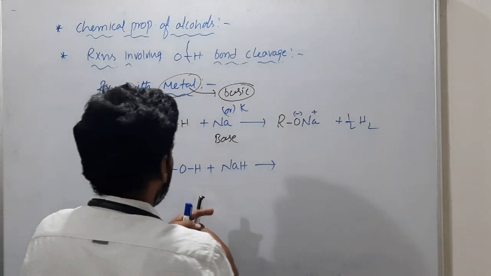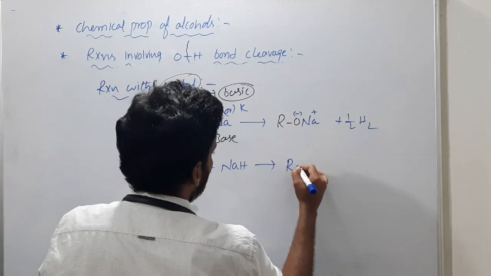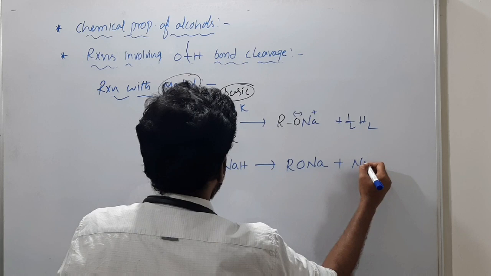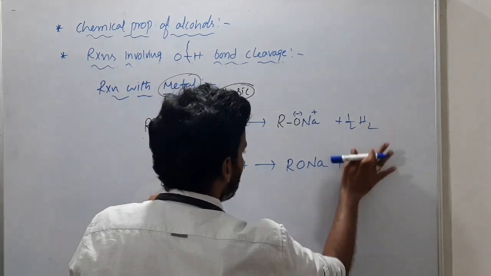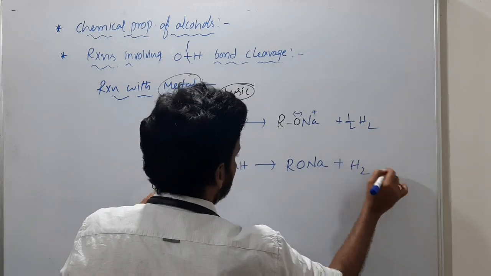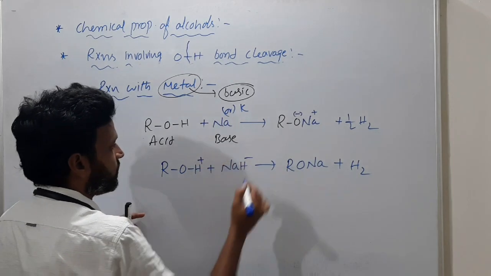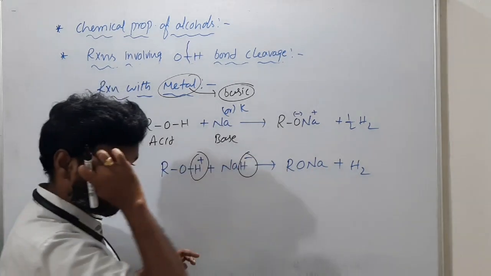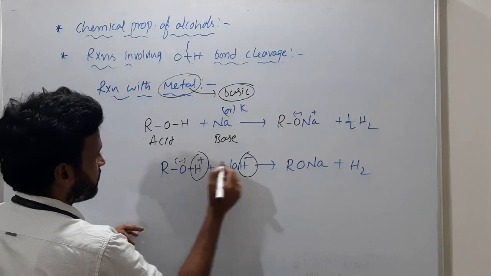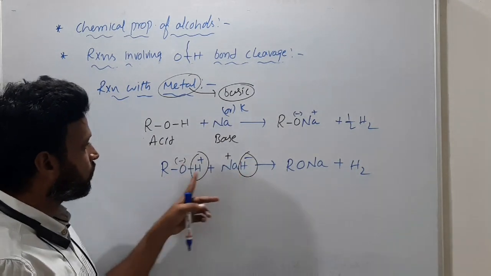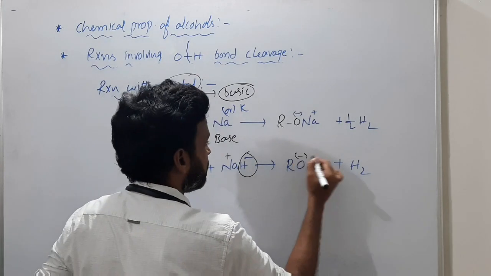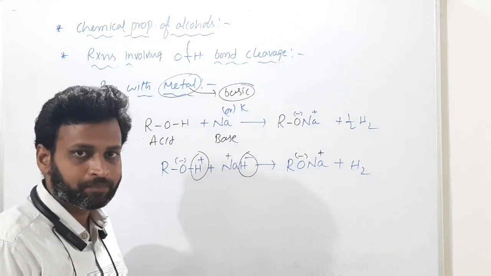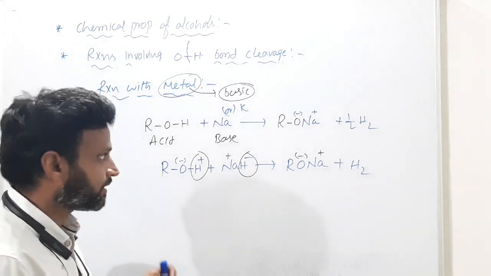Now what happens here? Very simple. RONa, same story: RONa plus H2, because this is H plus and this is H minus, giving H2. RO minus and Na plus, RONa.